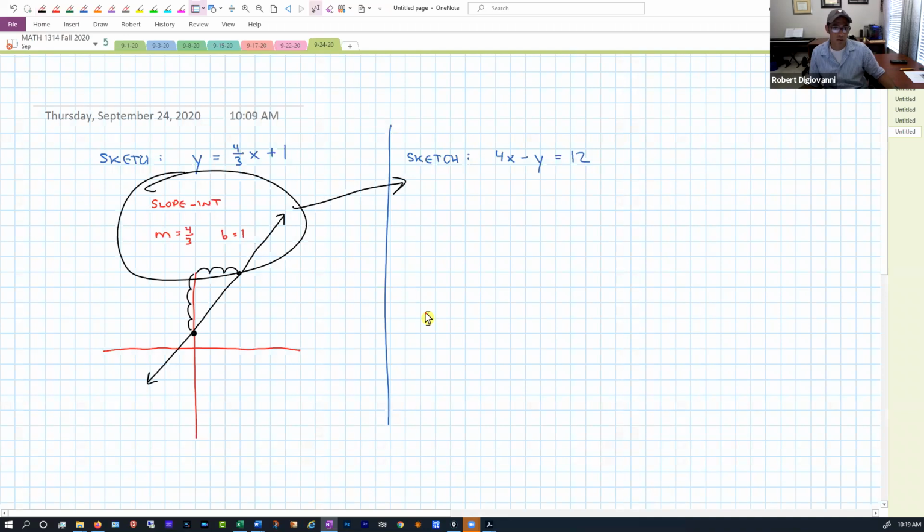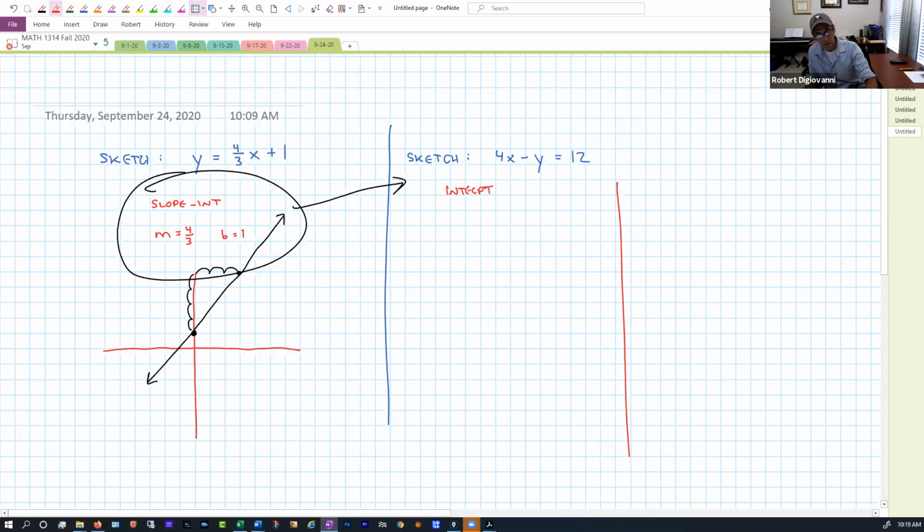Okay, so a lot of you stuck with the same method. That's fine. You just got to make sure you do it right. We had 10 do it with the slope intercept, and we had 6 do it the other way. So I'll do it both ways, just so we can see. Let me do it with the intercept first.